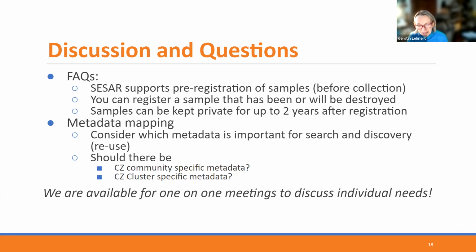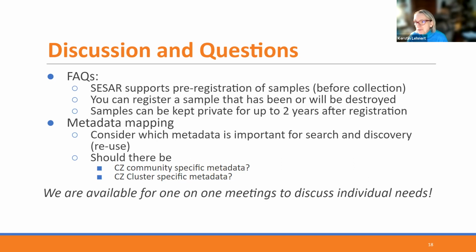So, as Sarah said, it is critical now for the cluster participants to think about whether there is specific metadata or specific terminology that should be implemented for the CZNet so that searches may work.